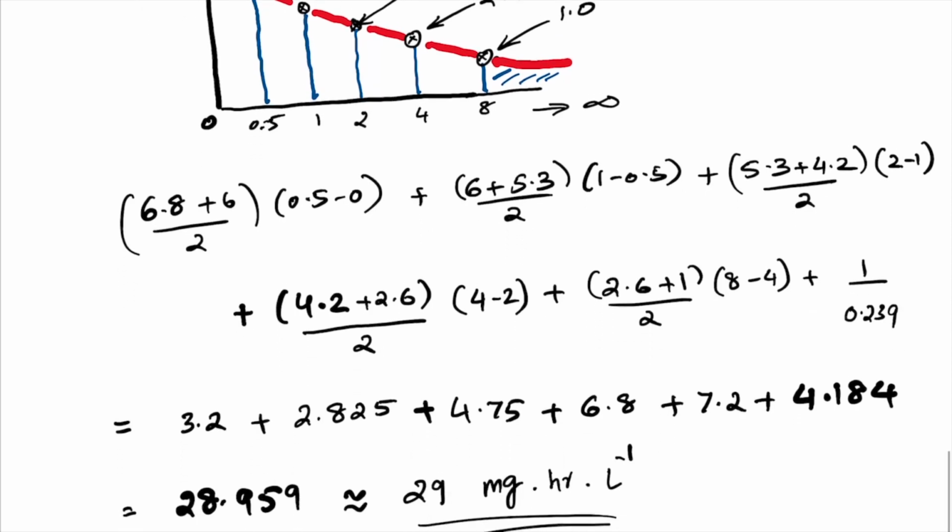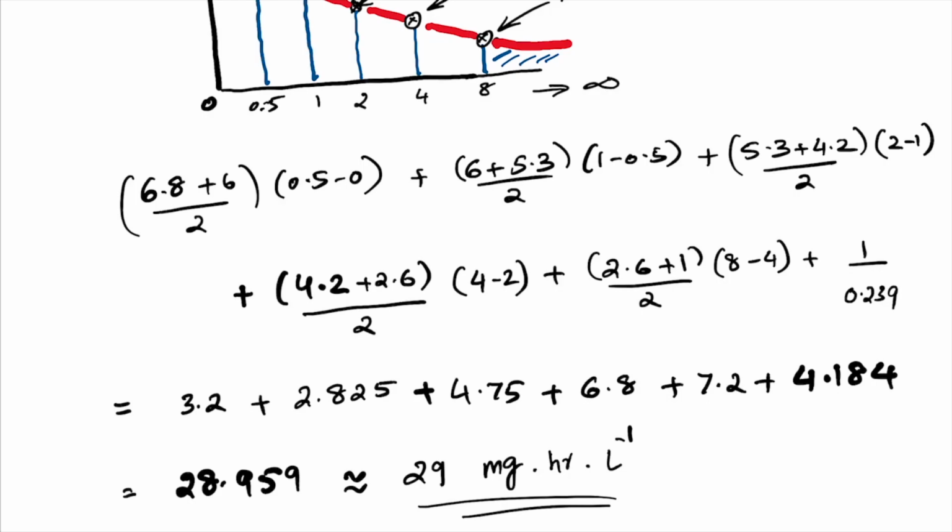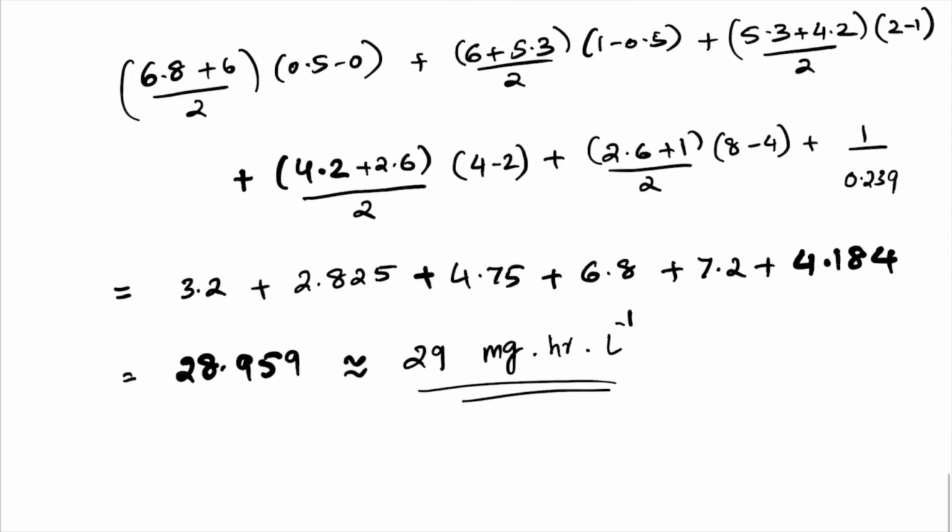Now, just to remember here: the trapezoidal elements, average of the concentrations times the time difference. Make sure that everything's correct, enter the data properly, and do the math, basically simply adding all the AUC elements together with the C last divided by KEL, and you'll get the final answer.